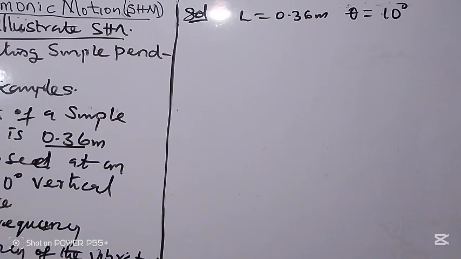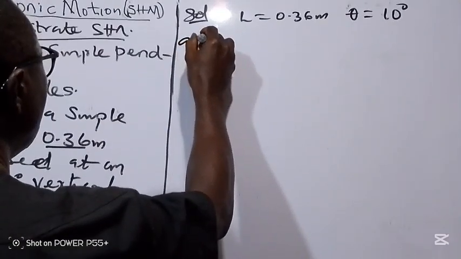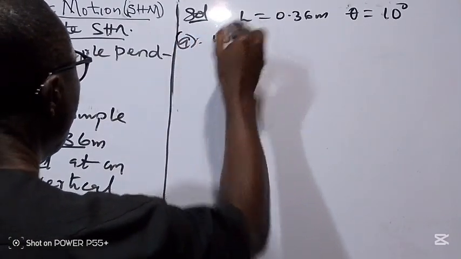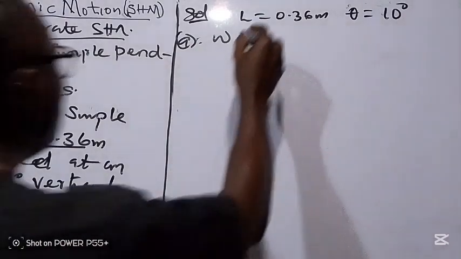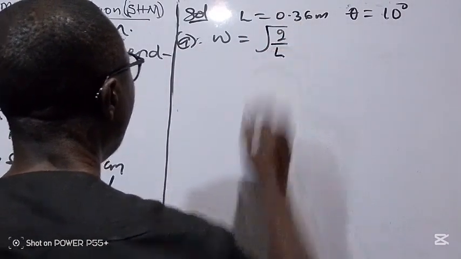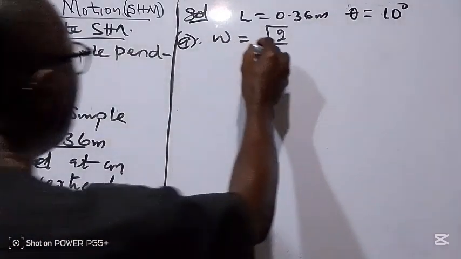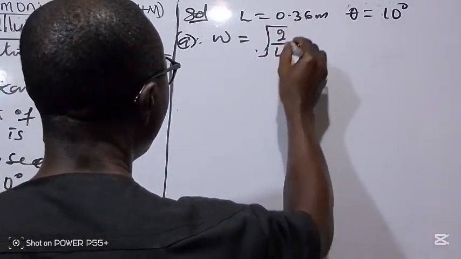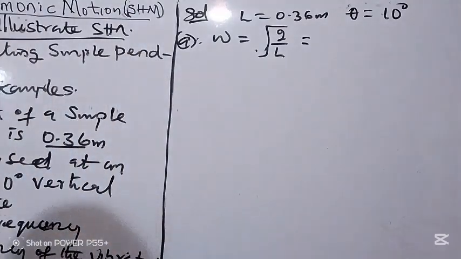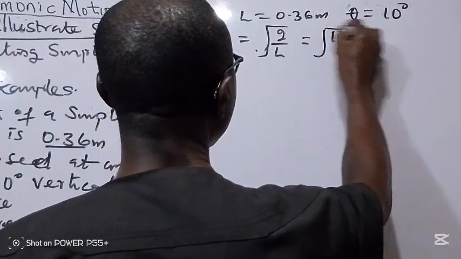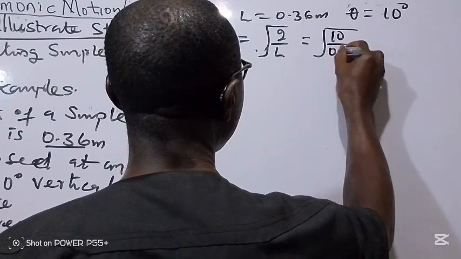Angular frequency is equal to square root of G over L. This one will now give us G is 10, L is 0.36, so 10 divided by 0.36.